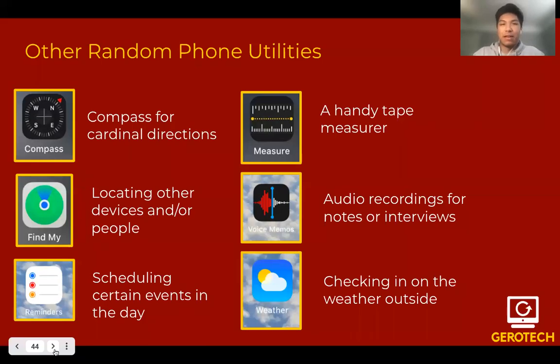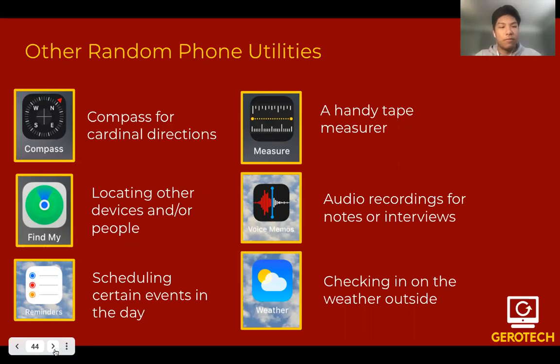It will ask you to calibrate it beforehand, so you could play around with that. Measure, I think this is on fairly newer models of the iPhone, or depending on what your iOS is. Basically, it activates your camera and you can measure things using your camera as you move your phone along. So if I wanted to measure the size of my room or something like that, I would go to the measure app and it would explain how I would do that.